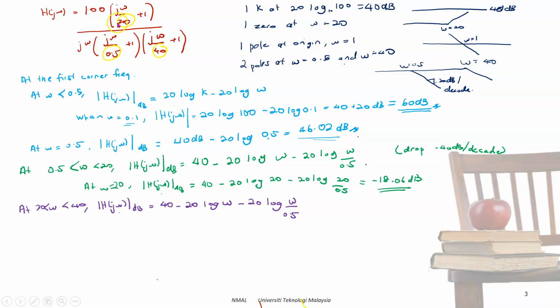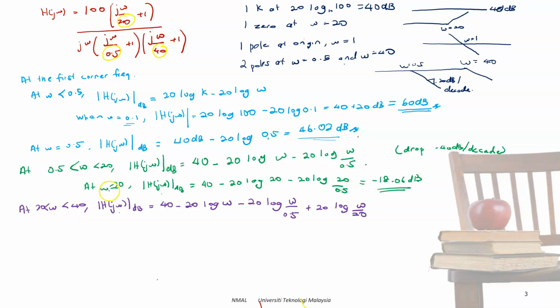And because the zero here is at the numerator, we have to add, instead of minus, 20 log omega divided by 20. So we have the equation here for omega between 20 to 40.